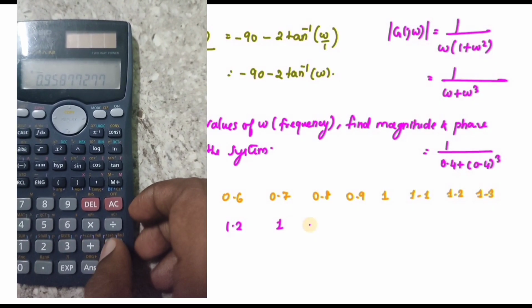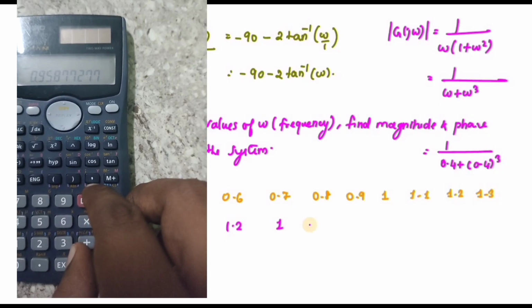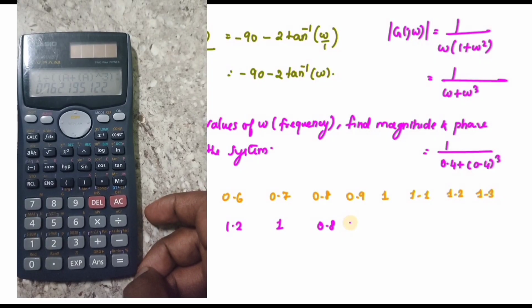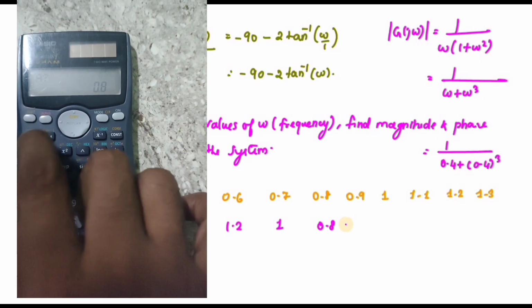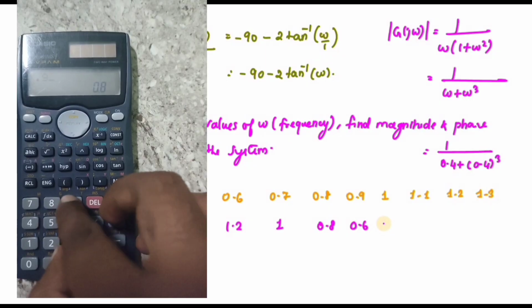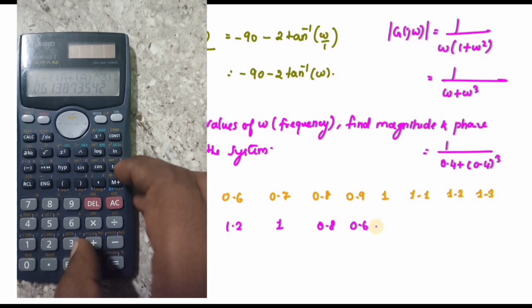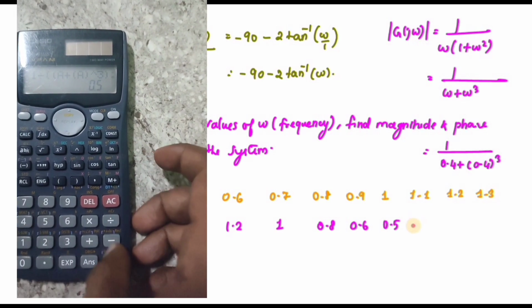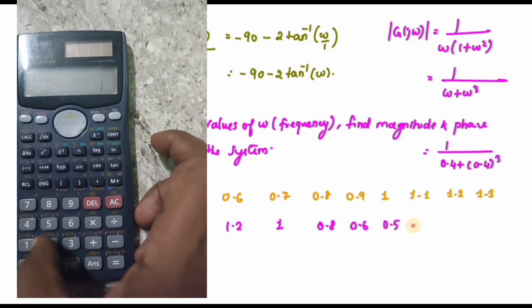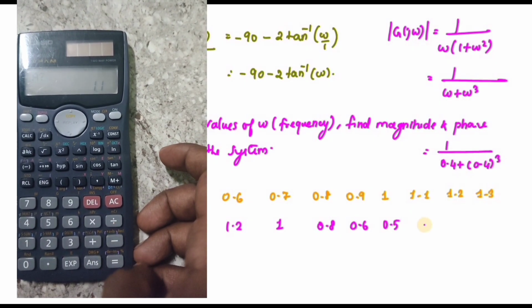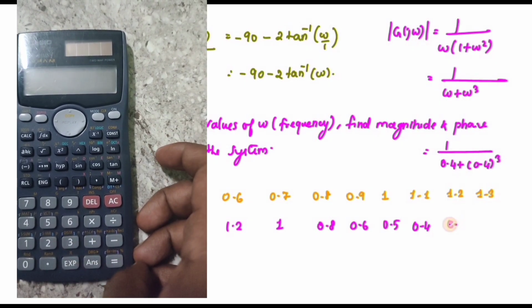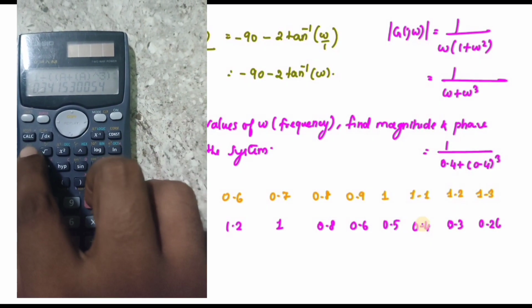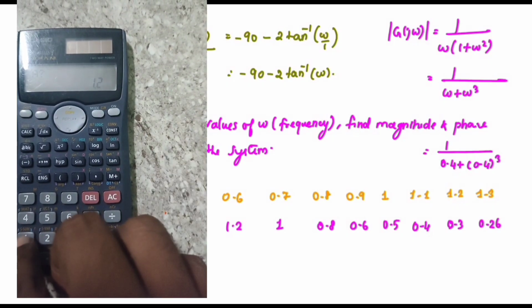For 0.8, you get 0.76. For 0.9, you get 0.6138. For 1, you get 0.5. For 1.1, you get 0.41. For 1.2, you get 0.3415. For 1.3, you get 0.2859.